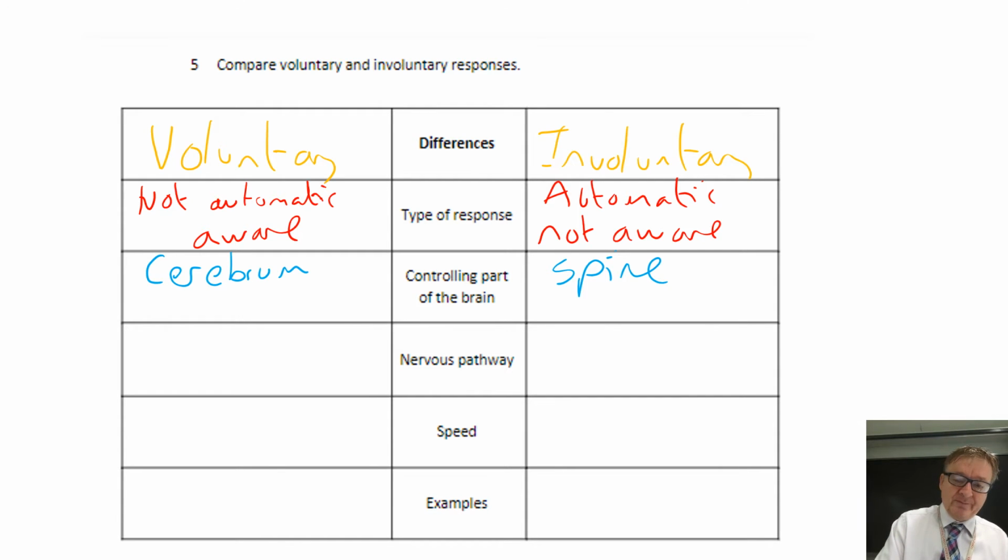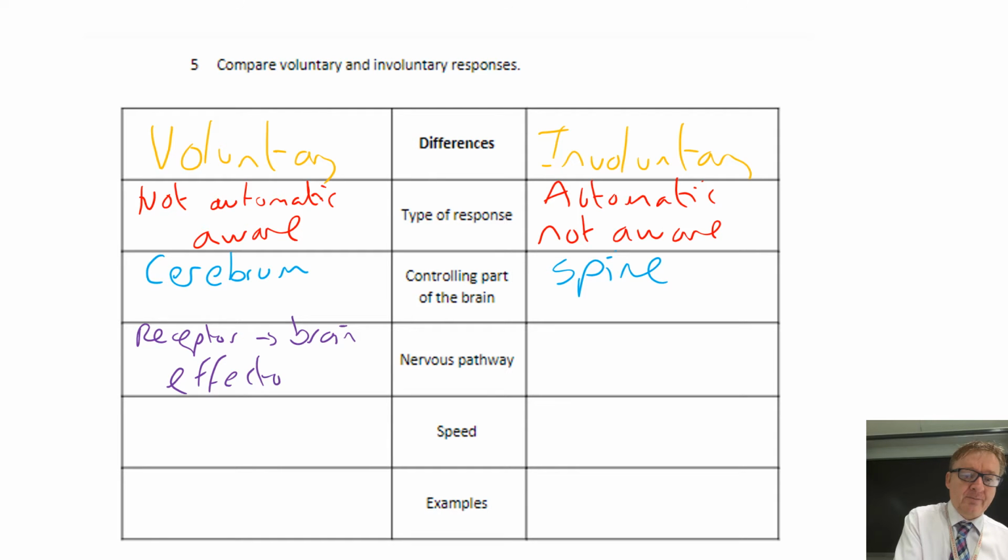Nervous pathway. Okay, so what we've got with the nervous pathway is it goes receptor to the brain to the effector. So my receptor, me doing this video, is my eyes. That sends a message to my brain, and then my muscles move as an effector.